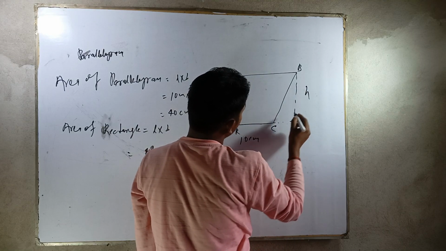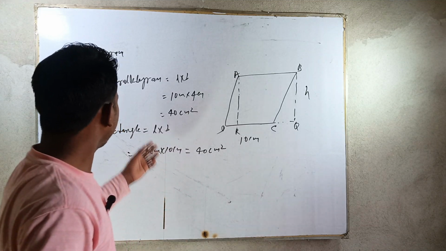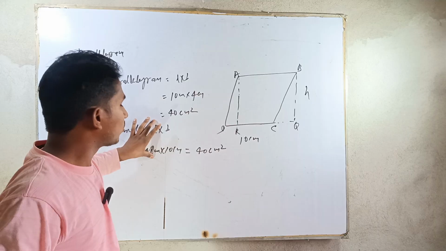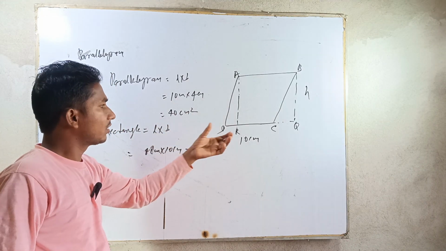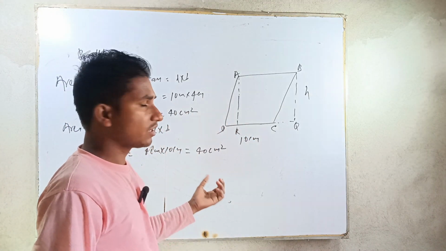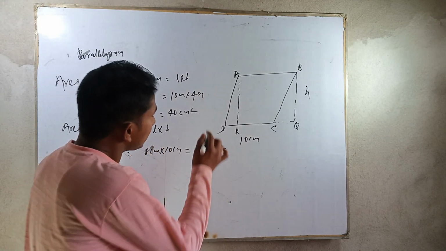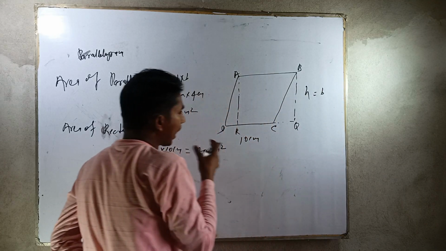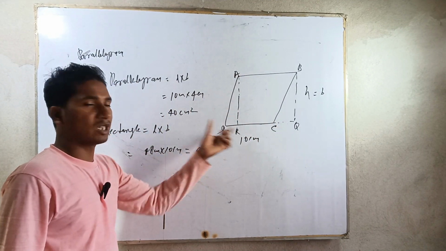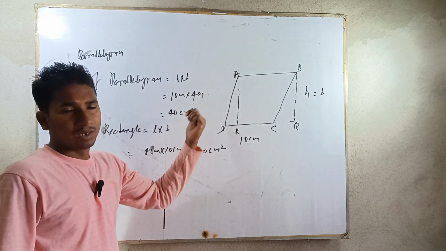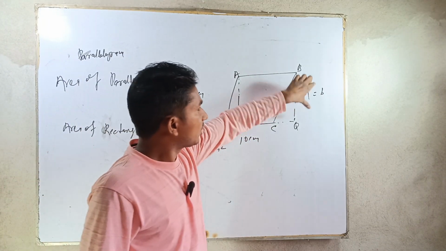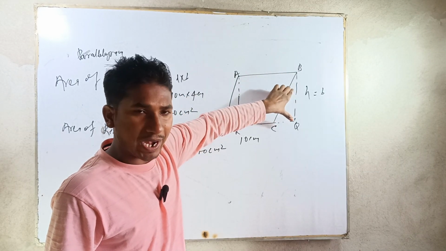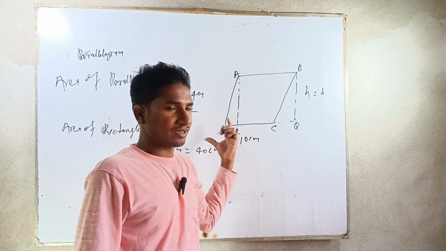If I say area of rectangle equals area of parallelogram, the same, so instead of B I need to replace H. H will be called the height of the parallelogram, and the base is the same base.